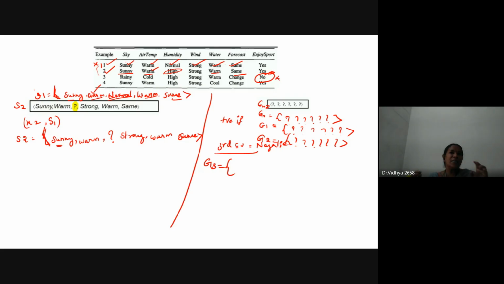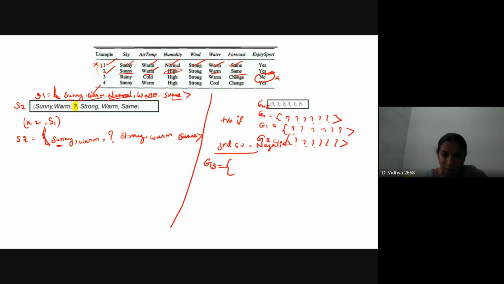We are training the machine learning model to recognize the positive examples as positive and negative examples as negative, and this training happens with the help of the instances.